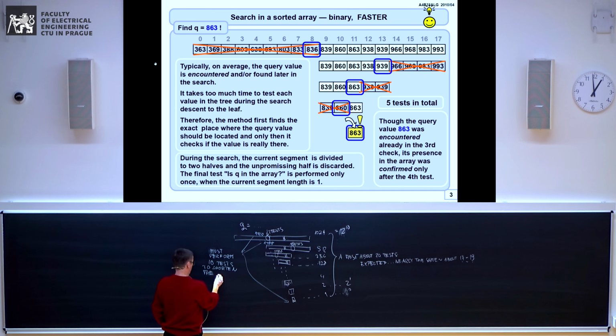So the test to shorten the array, or to shorten the area. And you are checking, so you must perform those 10 tests plus 1 at the end, because at the end you just check whether your element is really the thing you are looking for, because it might not be there, of course.